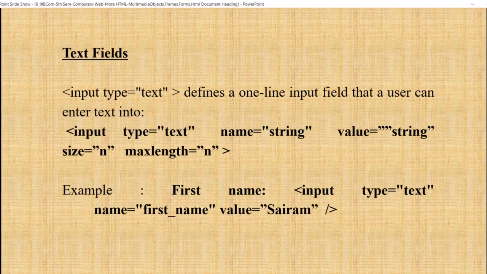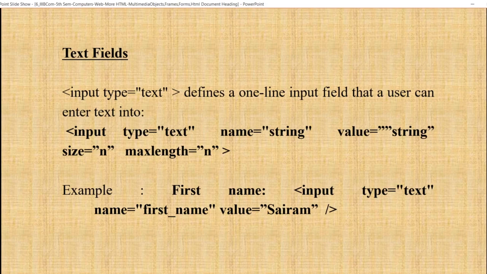Text fields. The first element is input type equals to text, which defines a one-line input field that a user can enter text into. Here we can enter our name in a text field. For that we have to take the input tag.